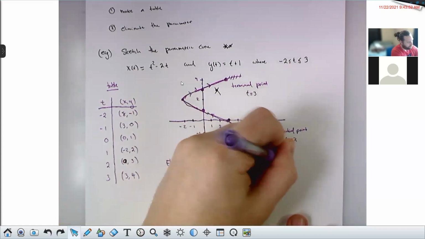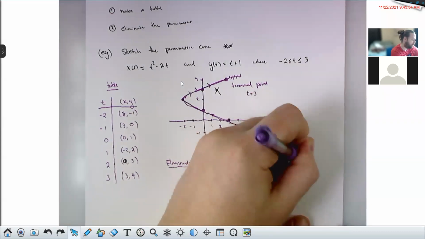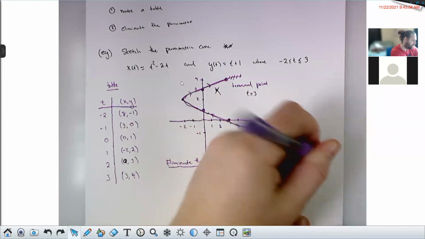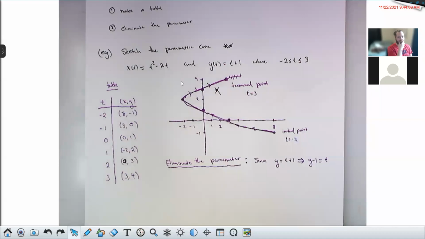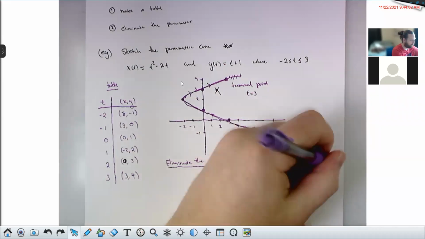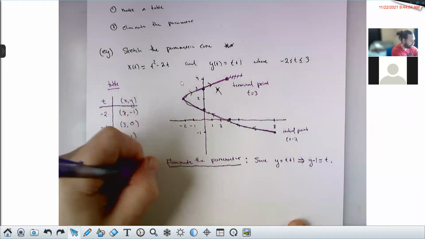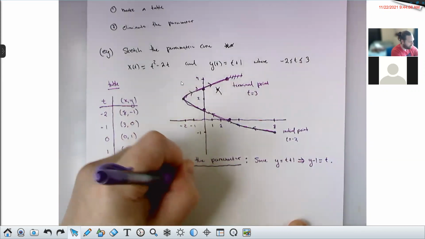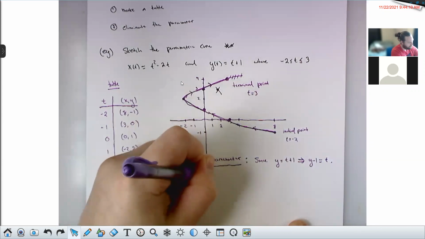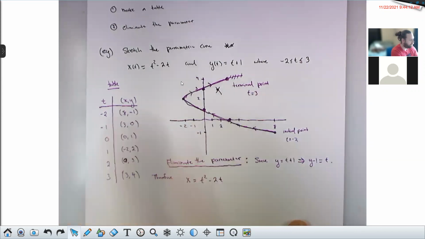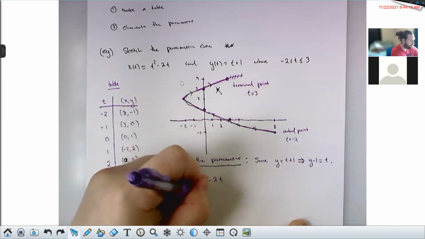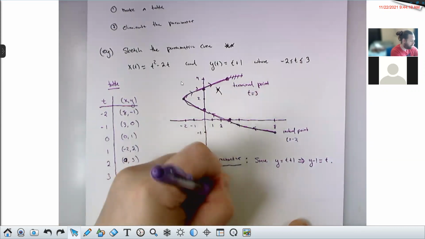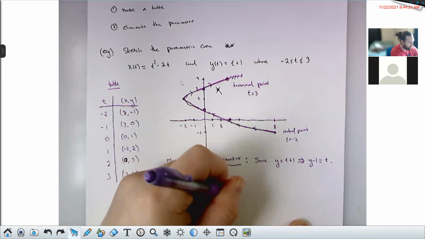Since y is equal to t plus 1, we learn that y minus 1 is equal to t. Therefore, x, which is t squared minus 2t, is y minus 1 squared minus 2 times y minus 1.